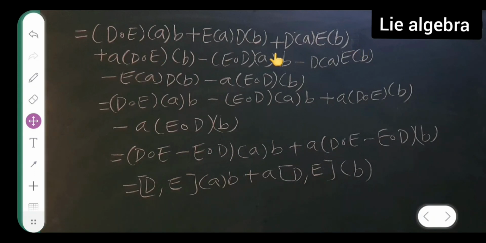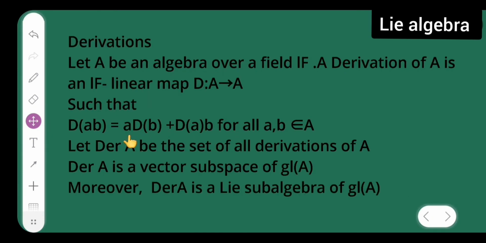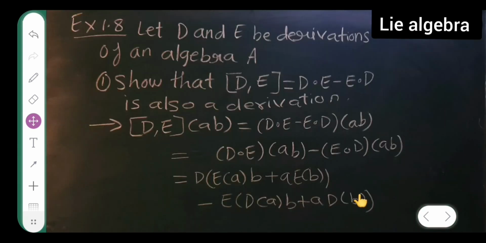Now this is equal to nothing but this. So same way I have to apply the same thing for that. Now the derivation of AB is equal to A D(B) plus D(A) B. So that thing I have to apply. First I have to do it for this one, this plus this, and then for this one, and similarly for this one.